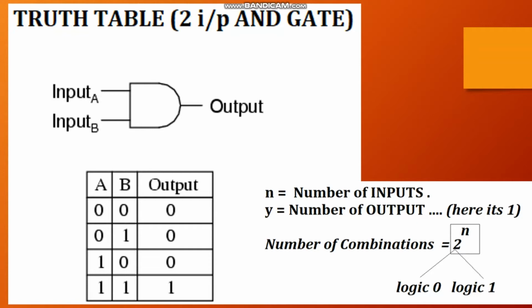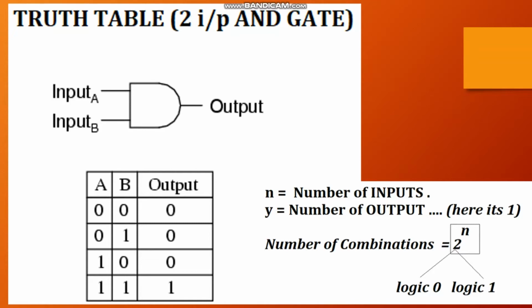This is the way of writing. A will have two 0s and then two 1s. B will have 0 1 0 1 alternately, and both columns will start with 0. Why? Because 0 represents logic low and it is always preferred to start with a low value. Hence, column A starts with 0, column B also starts with 0.